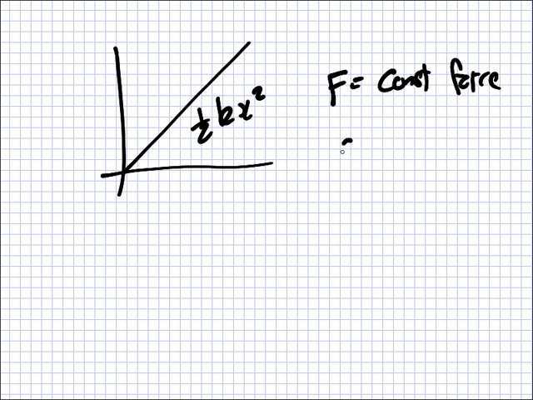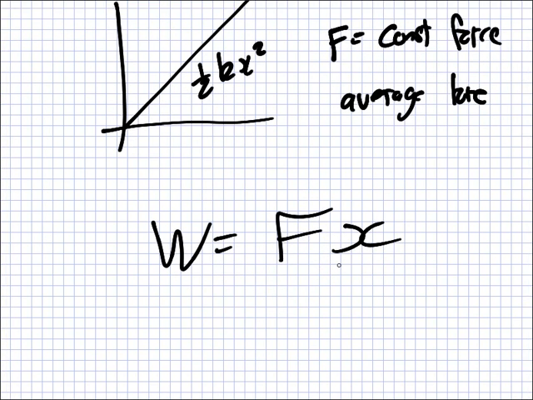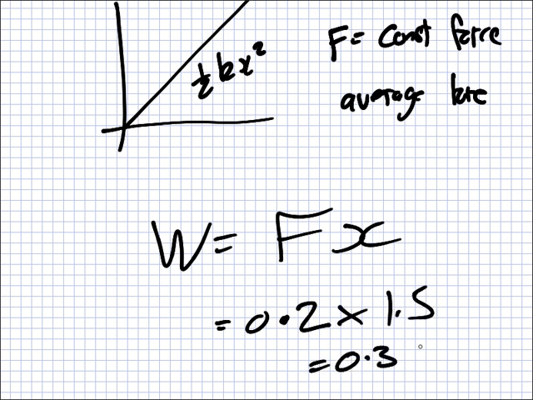However, they used an average force, which means at the beginning the force is small and at the end the force is large, and the average is 1.5. So you can actually use this simpler formula. Work is force times distance. So I made more work for you. That's 0.2 times 1.5, 0.3 joules.